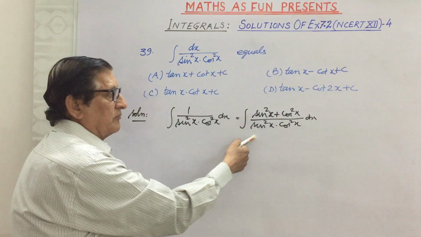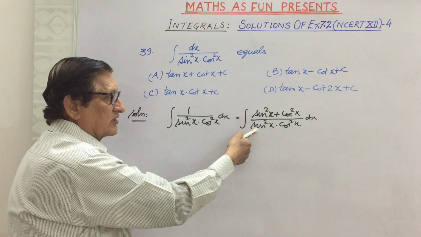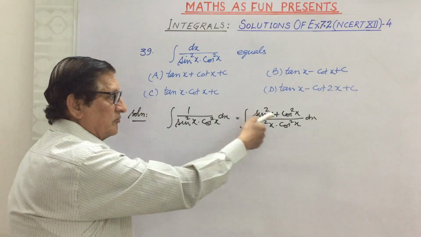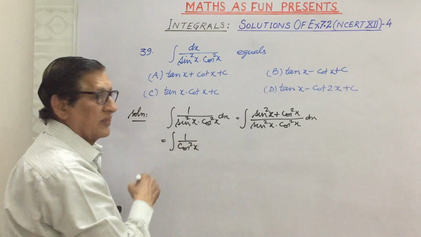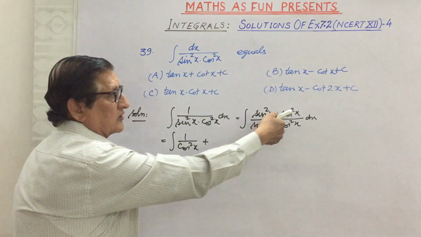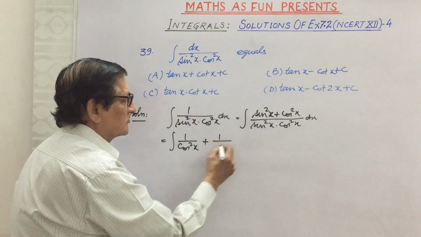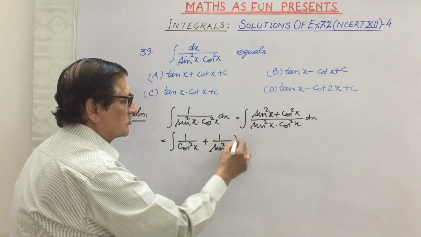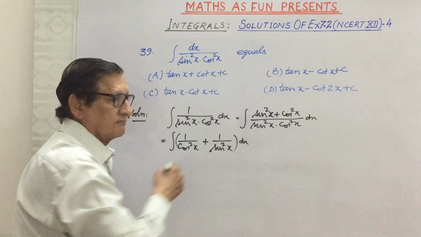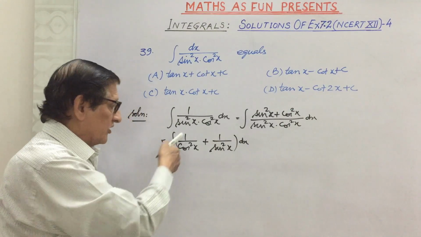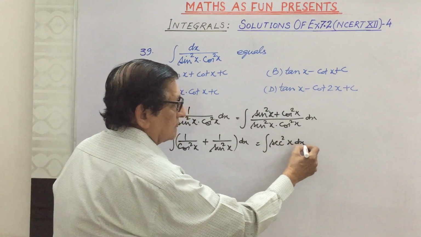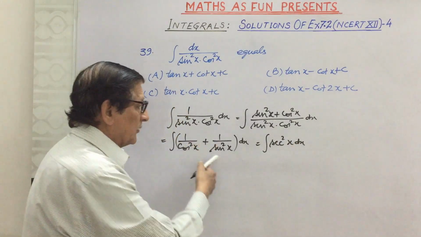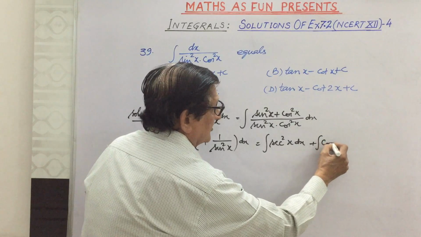If we separate them, in the first part sin^2 x will cancel, and this will be 1 upon cos^2 x, plus in the second part cos^2 x will cancel, and this will be 1 upon sin^2 x. We know 1 upon cos^2 x is sec^2 x, and 1 upon sin^2 x is cosec^2 x.